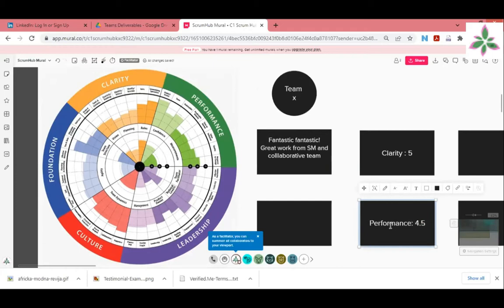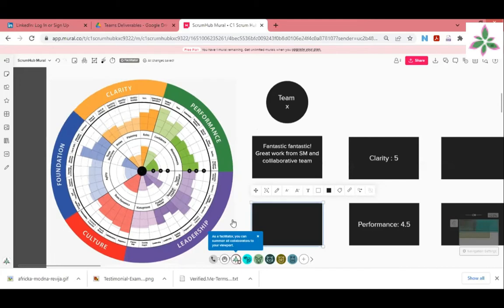Okay, so for leadership, please use this box. What would you rate Team X in terms of leadership? Did the product owner know what they're doing? Do you feel like there was leadership in those 2 ceremonies? Scale of 1 to 5, 5 being the highest.